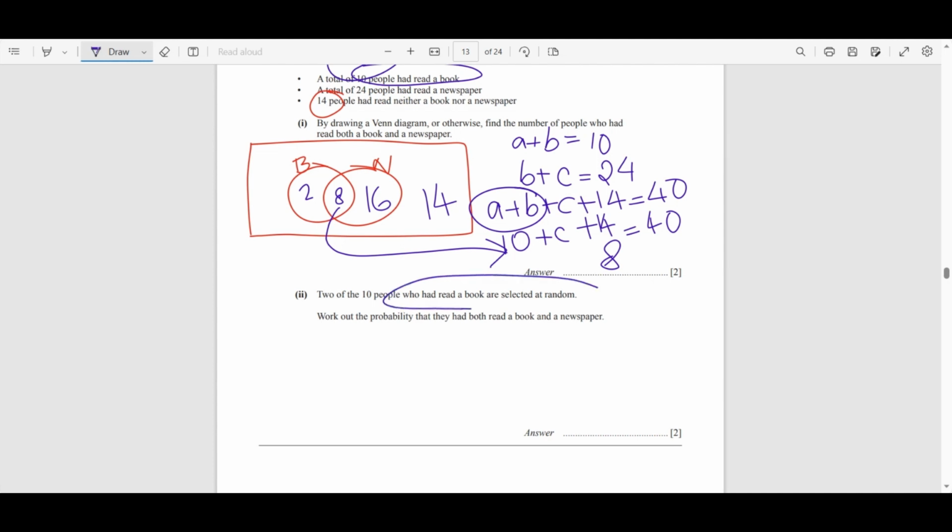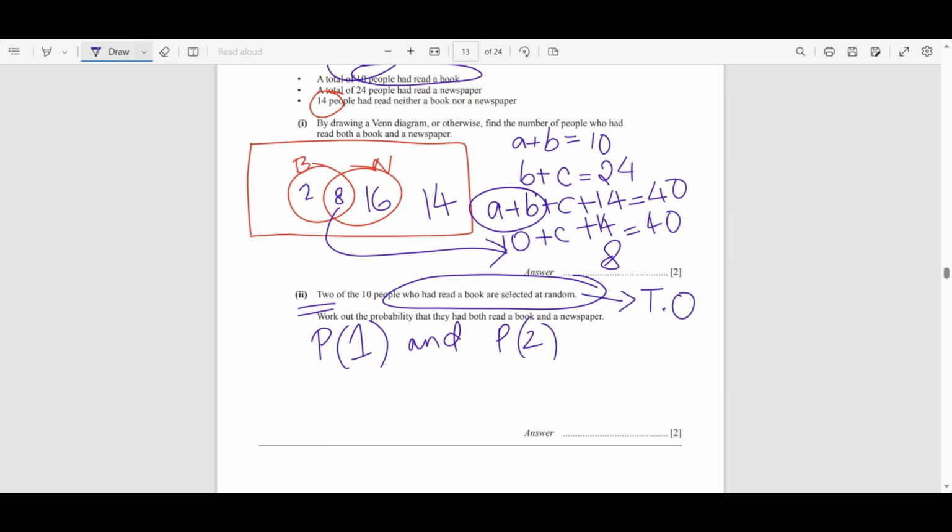So this is going to be my total number of outcomes because I'm choosing a person from this. So two of the people are selected. Probability of person 1 and probability of second person. That's how we are going to do it.